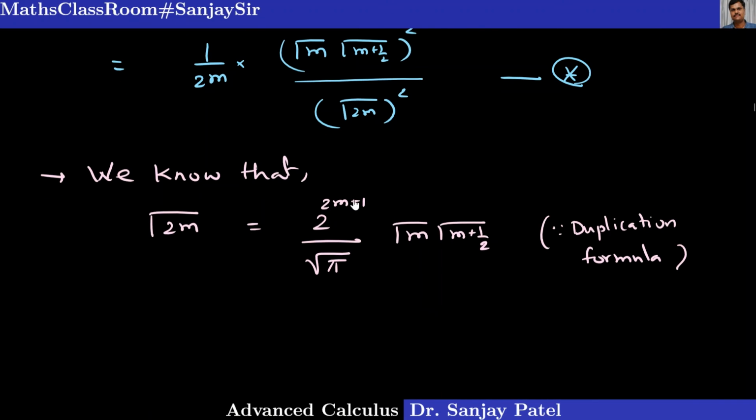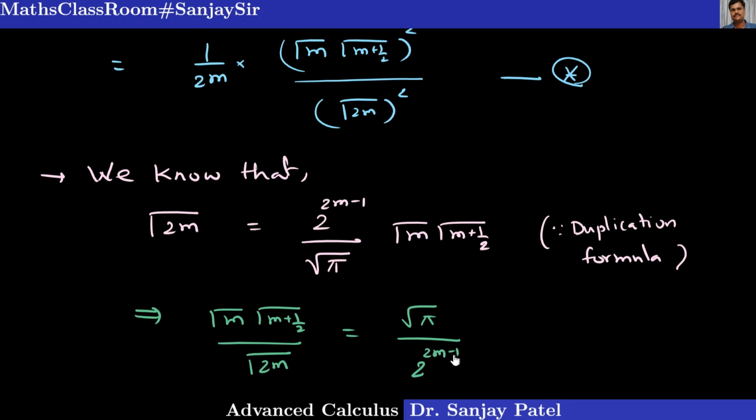So from this, taking the cross multiplication, we get gamma m into gamma m plus 1 by 2 upon gamma 2m is equal to root pi upon 2 raised to 2m minus 1.